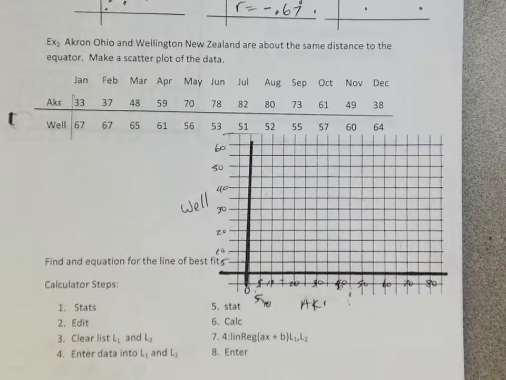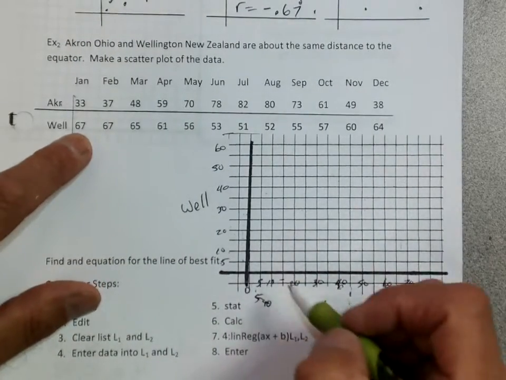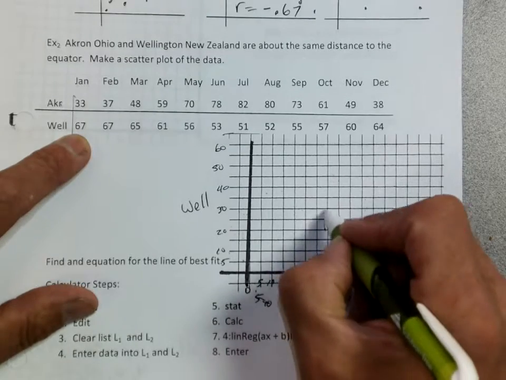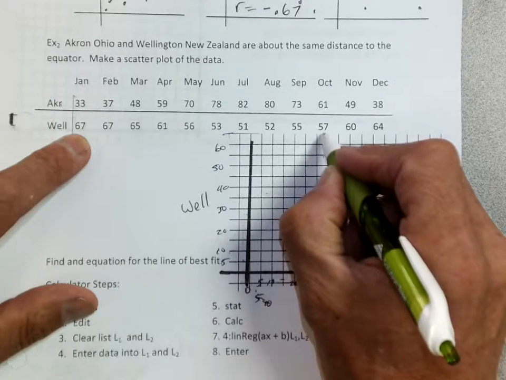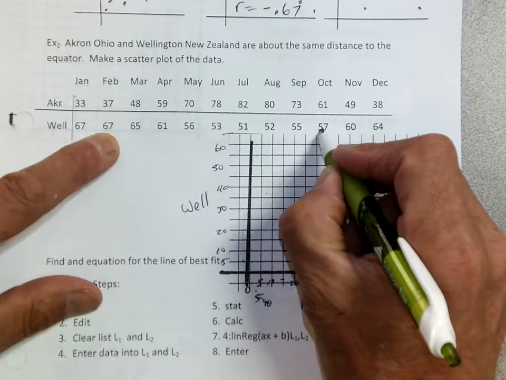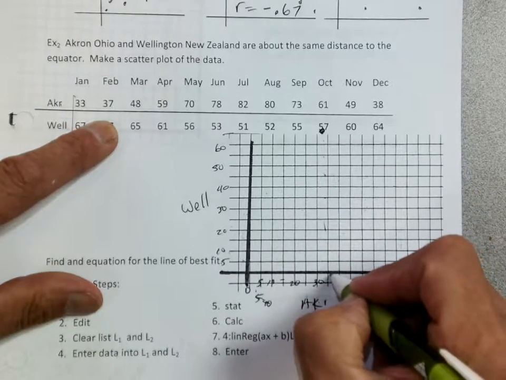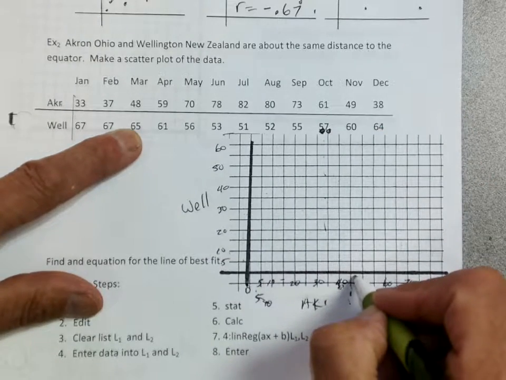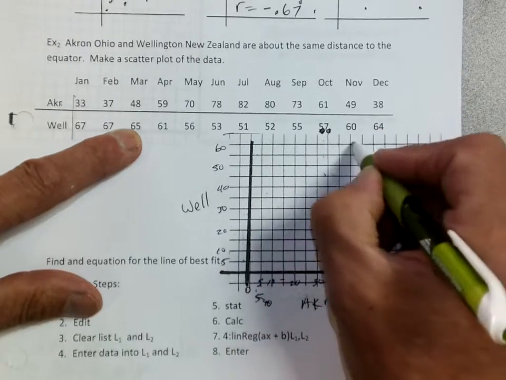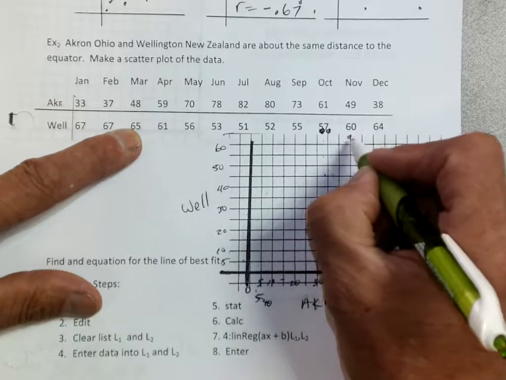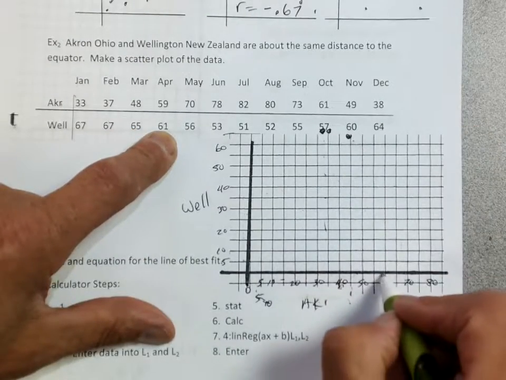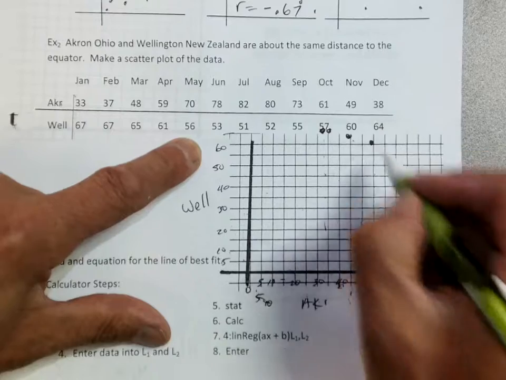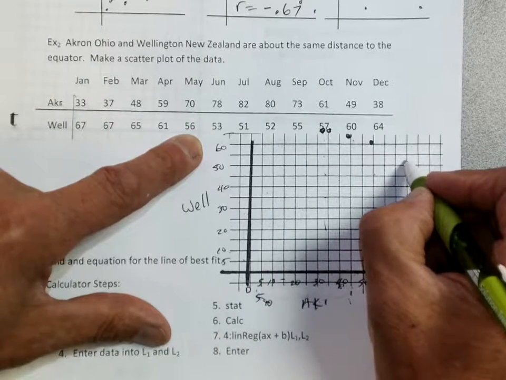All right, so if I do a scatter plot, I'm going to go 33 and 67. Maybe right about there, right? I've got 37 and 67 right about there. 48 and 65 right about there. 59 and 61. 70 and 53.